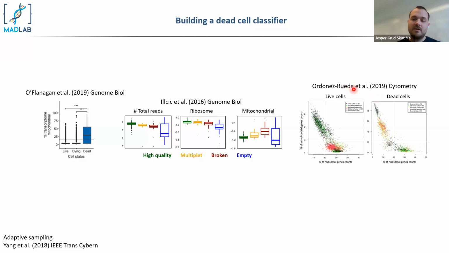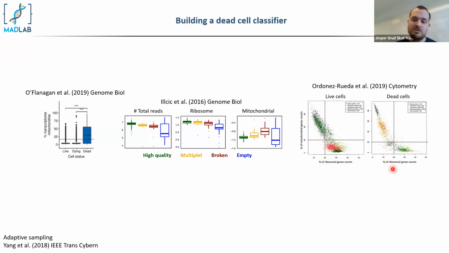Finally, this graph is a bit hard to read, but on the x-axis we have the ribosomal content, on the y-axis the mitochondrial content, and in the colors the sequencing depth. For live cells, the deeply sequenced cells have high ribosomal and low mitochondrial content, whereas for dead cells, it's the opposite: the deeply sequenced ones have high mitochondrial and low ribosomal content.